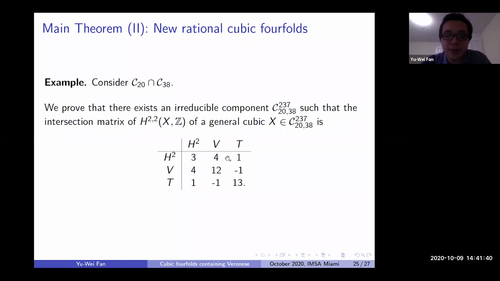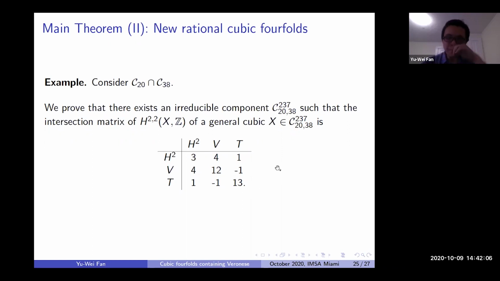Here you can see the discriminant of h squared and t is 38. This is the 2x2 minor of the first and third columns and rows, and 236 here denotes the determinant of this 3x3 matrix.